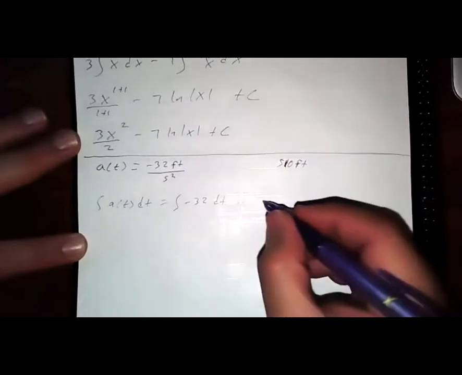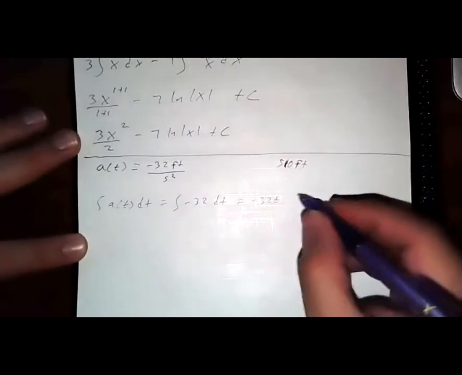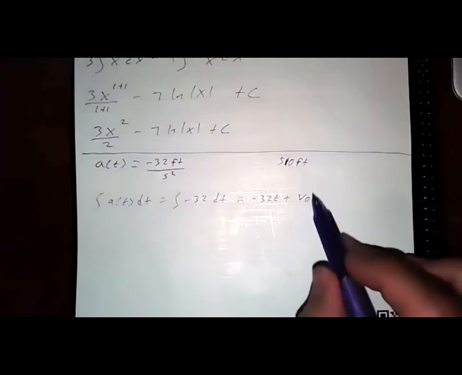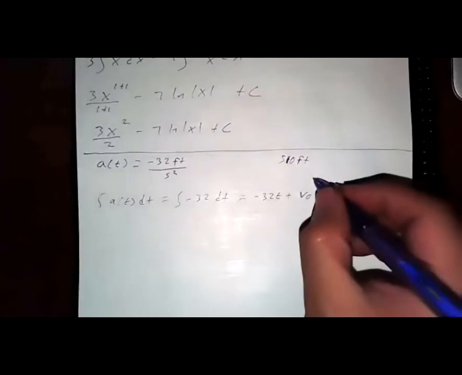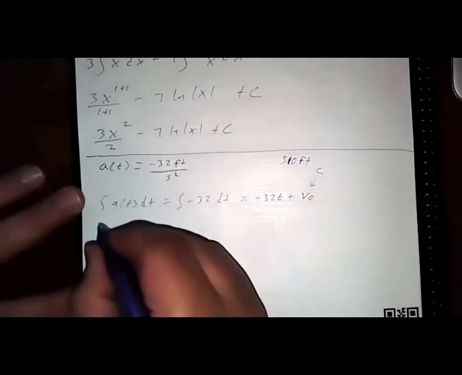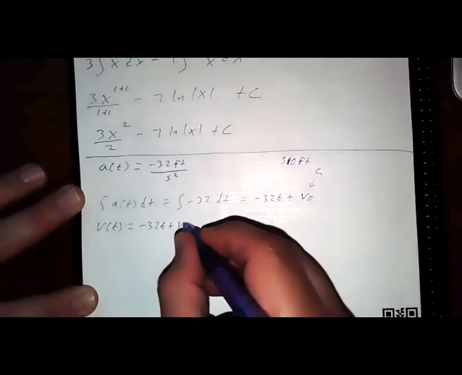That'll give us negative 32t plus some initial velocity. So the constant is going to be the velocity here. This is like my c. So v of t is equal to negative 32t plus v naught.